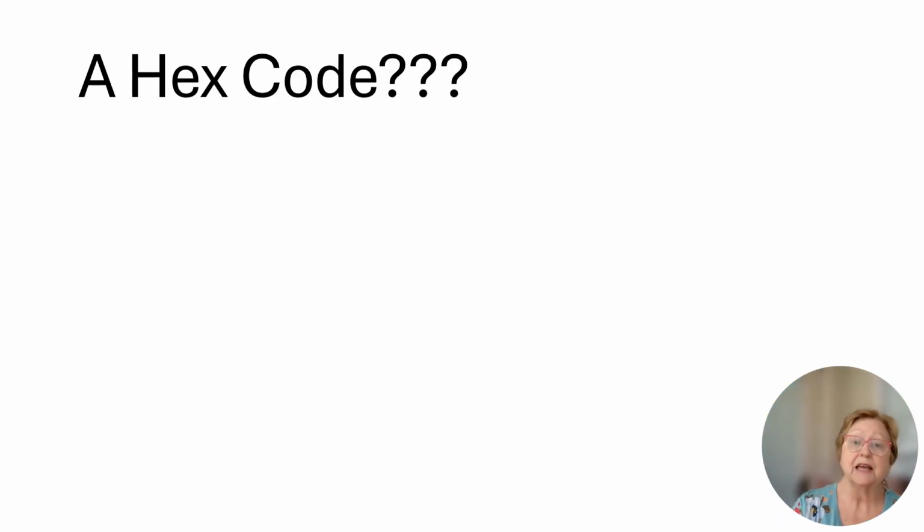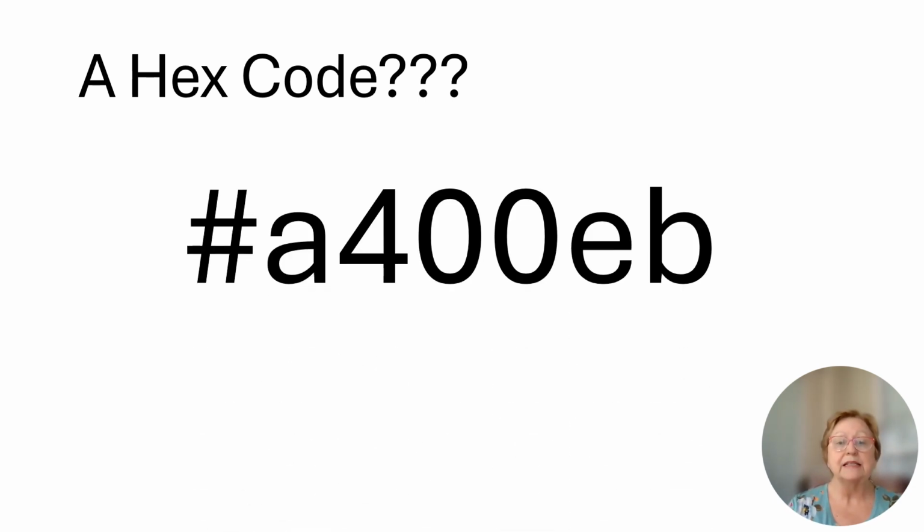What's a hex code, you say? Well, a hex code is a 6-digit representation of any color on the color spectrum. The hex code actually has a hashtag in front of it, but for the purposes of the app, we're not going to be using the hashtag.